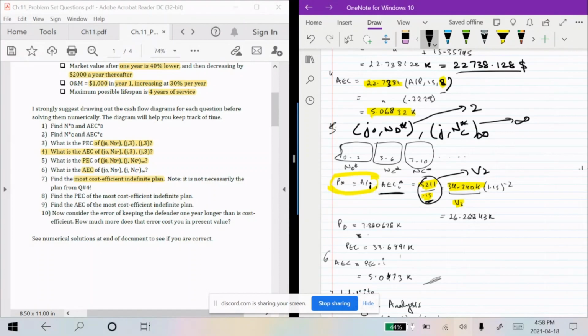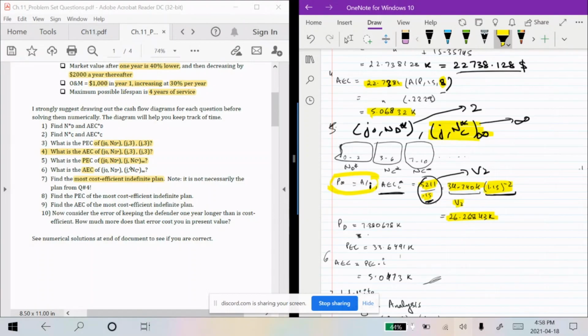But we need to find it in V0. That's for the present worth. We always find it in V0. So to drag it back 2 periods, we're going to use 1.15 raised to the power minus 2. You drag it back 2 periods, you get this. This is the present worth of the Challenger in this plan.